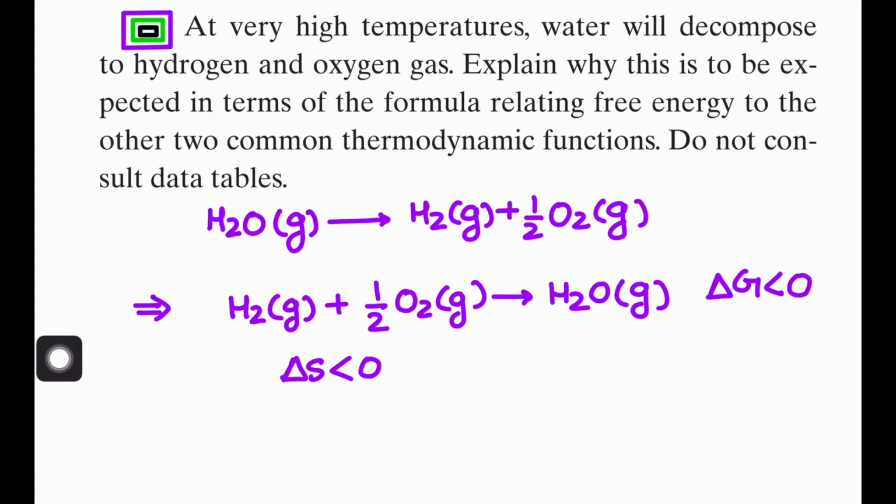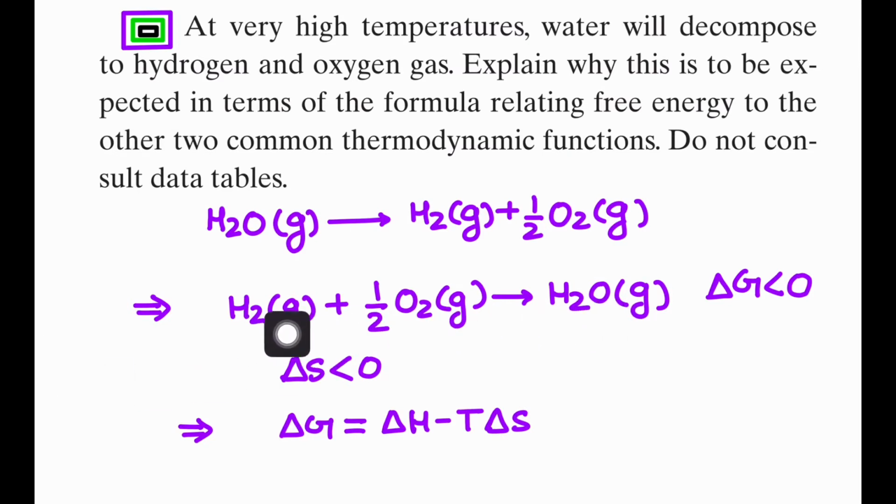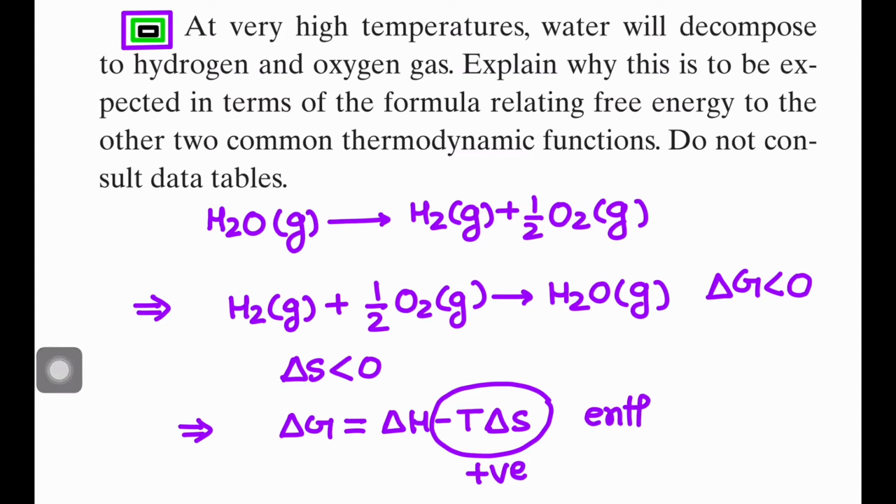So if we relate delta G with delta H and delta S, we have delta G equal to delta H minus T delta S. For this given reaction, delta S is negative, so this whole term becomes positive. So the only factor making delta G negative is delta H. So we can say this reaction is enthalpy driven.